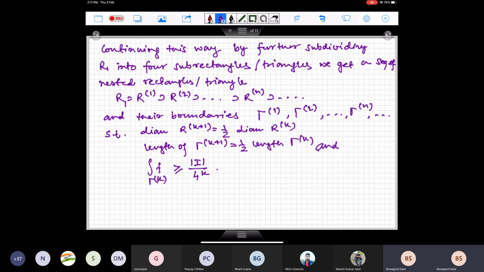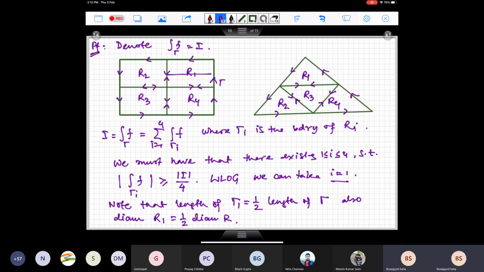It's fine. So the process is like this: when you consider the rectangle R1, you again subdivide into four equal parts, and there will be one rectangle, let's say this one, where the integral would be at least 1/4 times the integral over gamma 1.